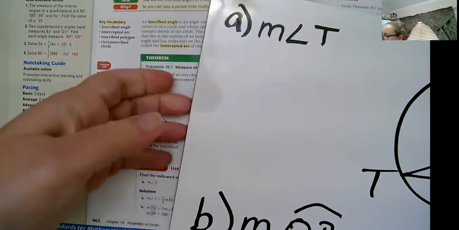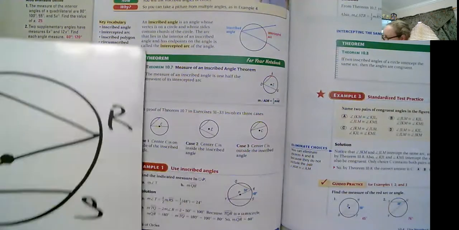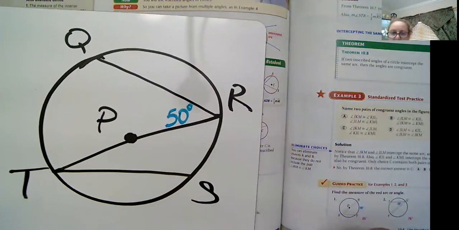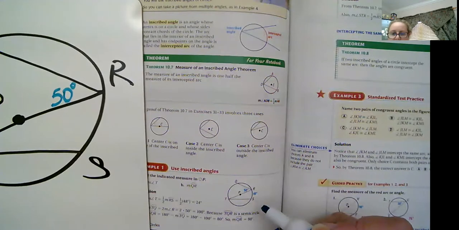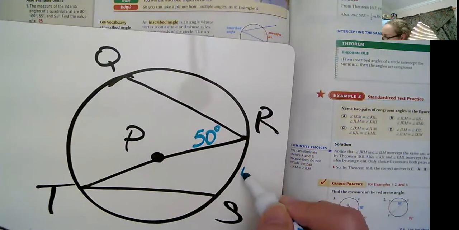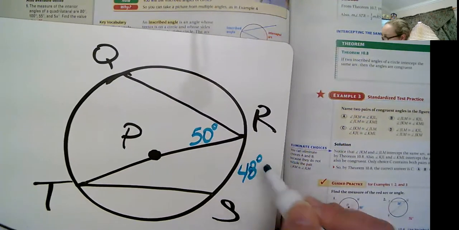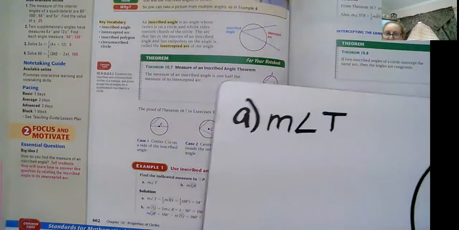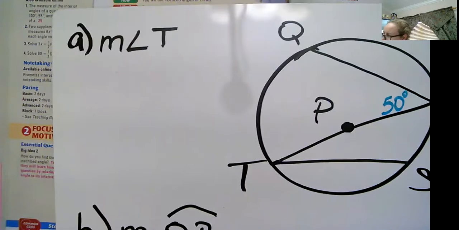So they give us this inside angle of 50 degrees, and then they give us this arc length of 48 degrees.